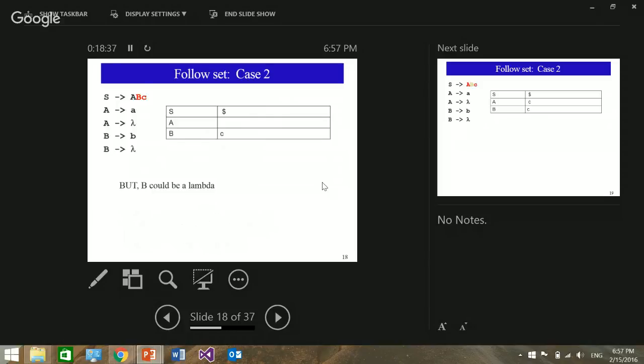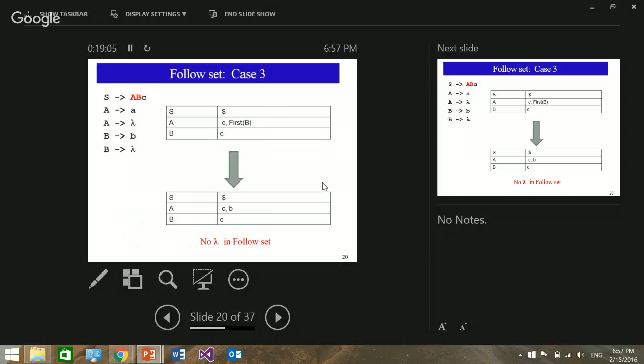Case 2, I have a B C again. Little c follows big B, put it in. But B could be a lambda. So B could drop out in the middle. Then I'll have the c following A. Put that in: c follows the A.